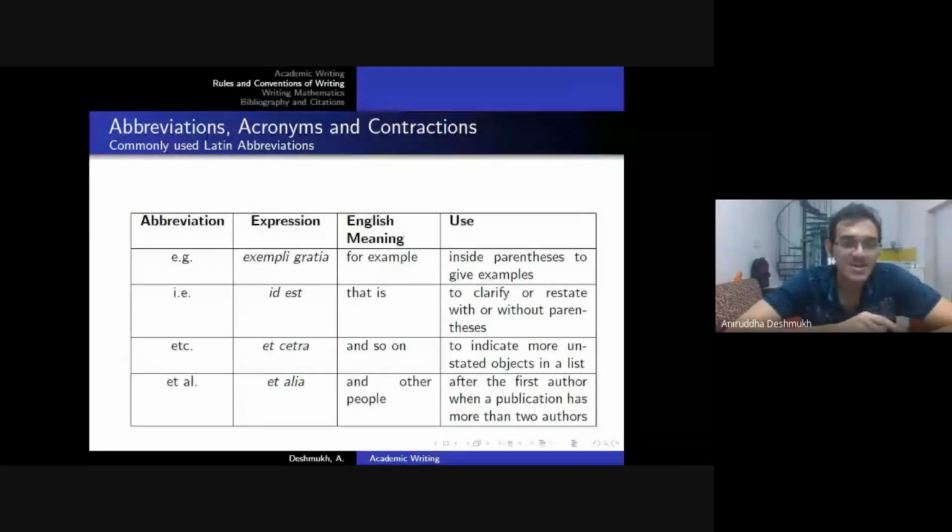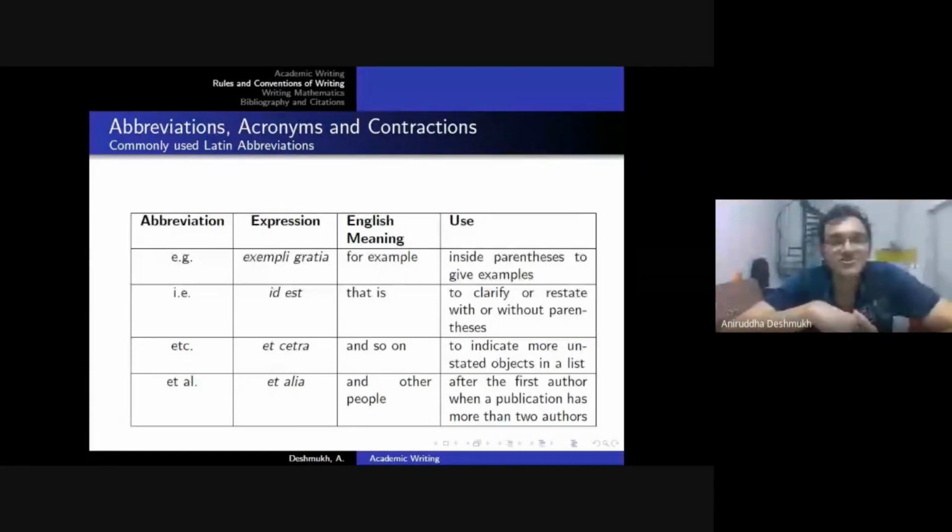Now, this et is not an abbreviation. It is a complete Latin word et, and al. is the abbreviation of alia. So et al. means and other people, and it is usually used after the first author when there are 3 or more authors. If there are 2 authors, then you can just name them by separating them with an and. If there is one author, then there is, of course, no need to write anything after it.